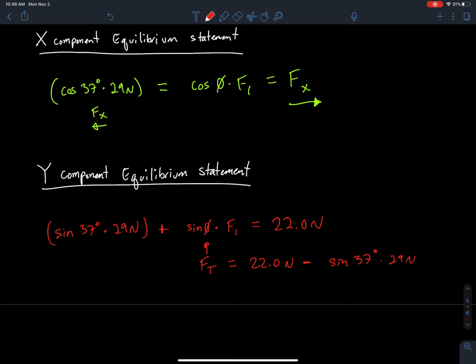Once I've done that together, let's just quickly solve that on our calculators. Sine of 37 times 29, and that gives us 4.55 newtons.